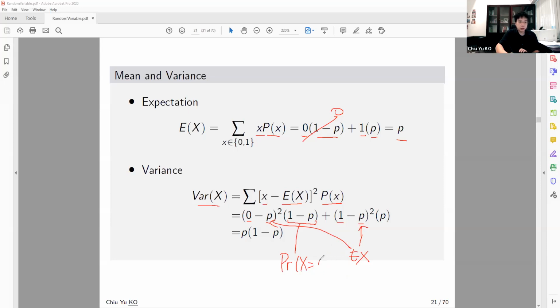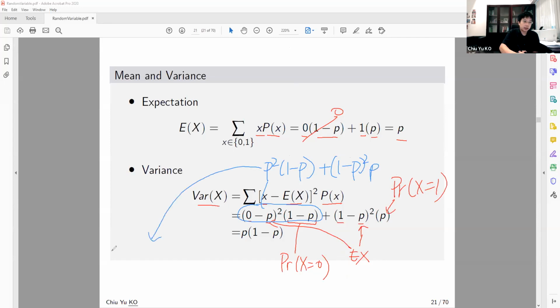X equals 0, okay? And this is the probability that X equals 1. And you will see this is P squared times (1 minus P), and this is (1 minus P) squared times P. Here I can take P times (1 minus P) as a common factor, because they both have that.